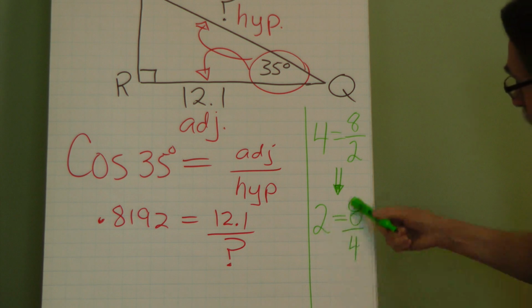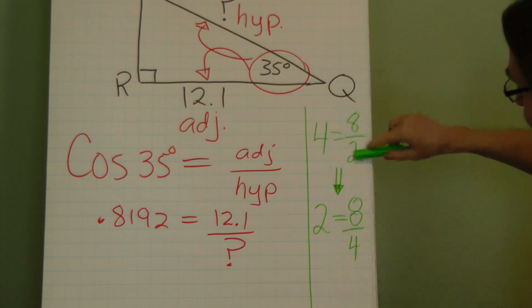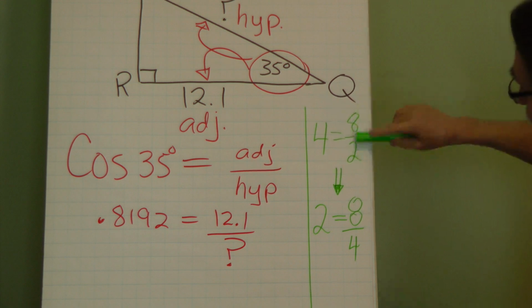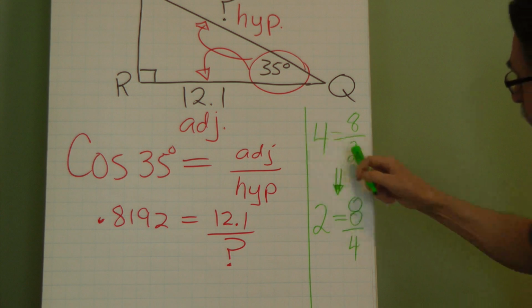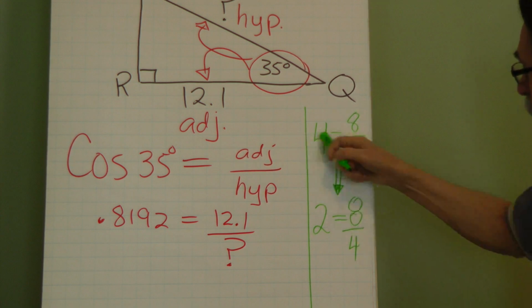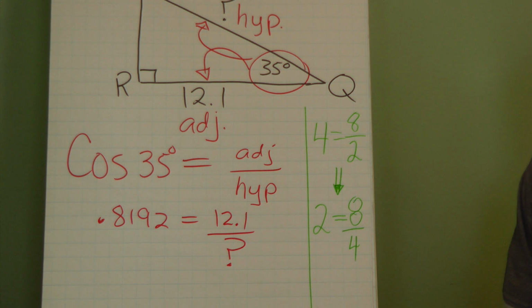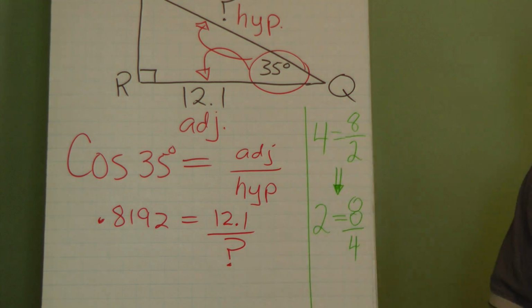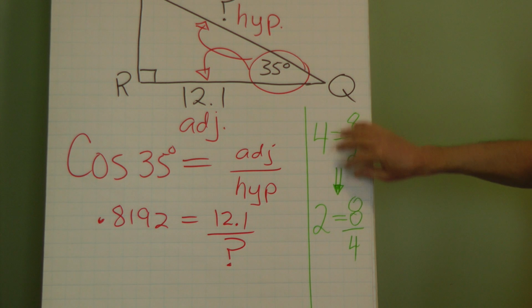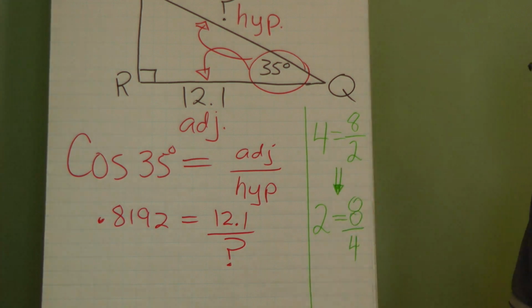I could take any fraction, any number over another number that equals a third number, and I could interchange these two parts of it, and I'd still have a true statement. If you're actually with me on the live lesson, I would go through a couple more of these just to verify.